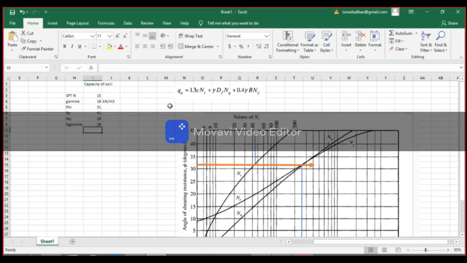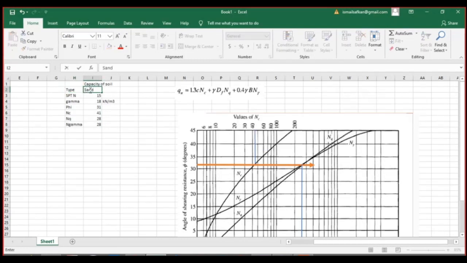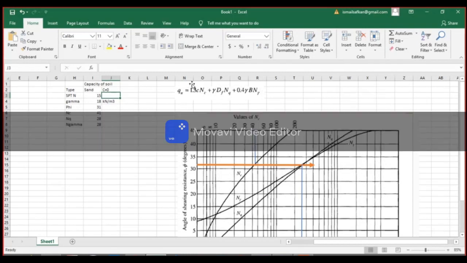So let's go to our table. Our type of soil is sand. Means the cohesion is equal to 0. So in that case, the first component will be 0.